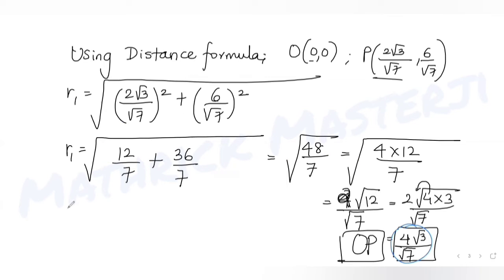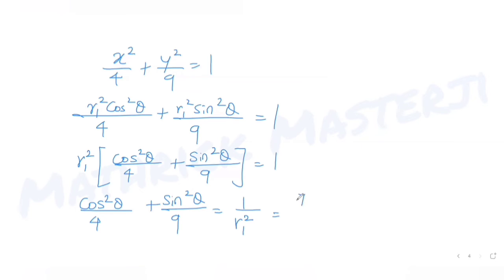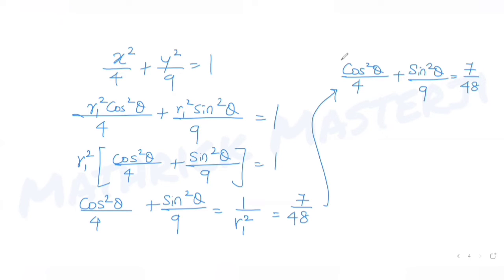So if I square it, R1 square becomes square of 4, 16, square of root 3 is 3, 16 into 3, 48, square of root 7 is 7. So I get 48 over 7. So it becomes 7 over 48. So I get my first equation, cos square theta divided by 4 plus sin square theta divided by 9 equals 7 over 48. This is my equation 1.